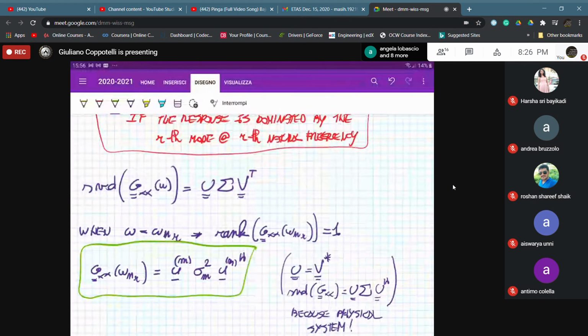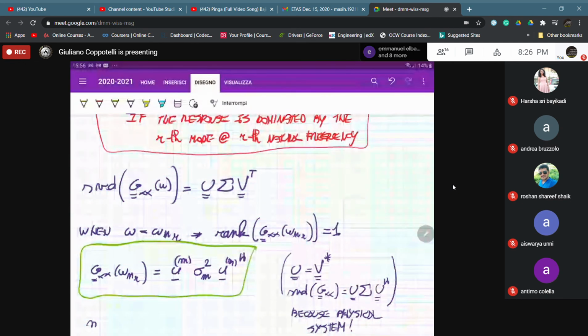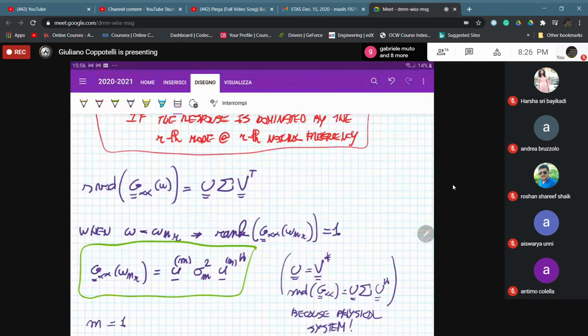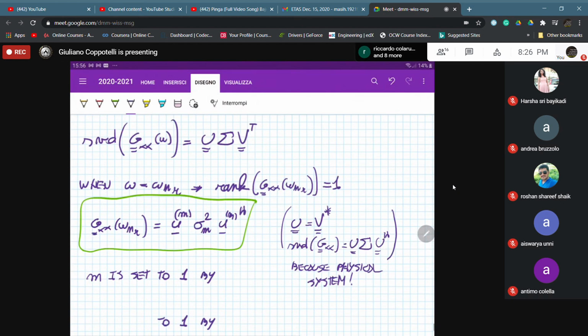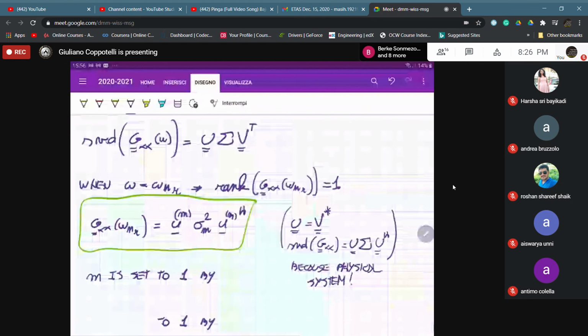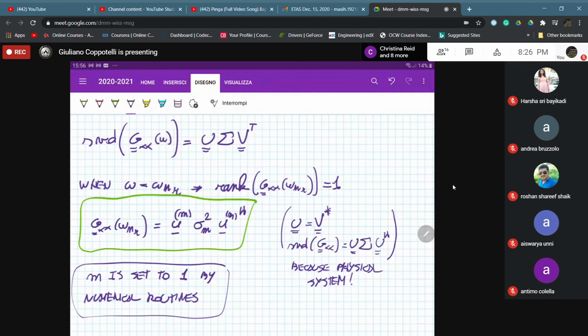Okay, so generally the index m is set equal to 1 by numerical routines. Okay, and therefore you have a valuable tool to estimate your model parameters.